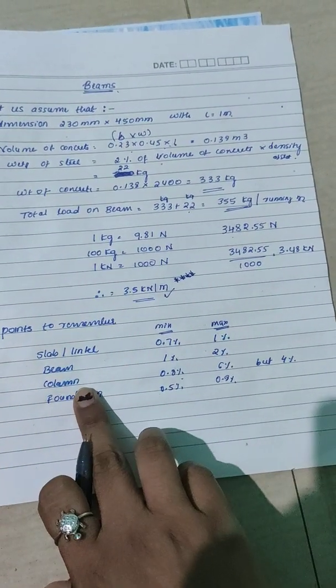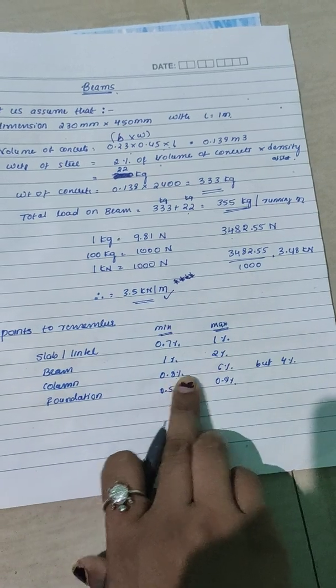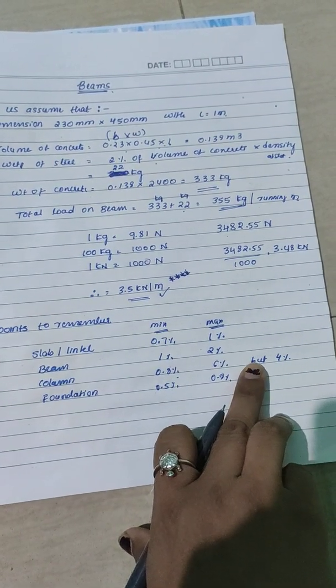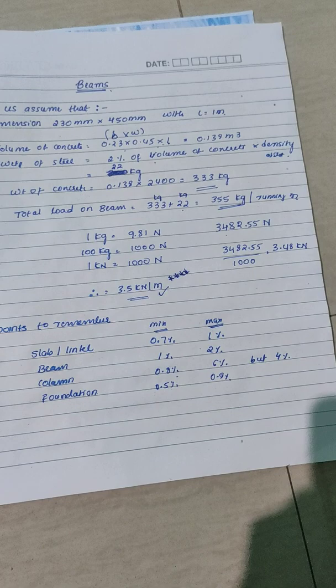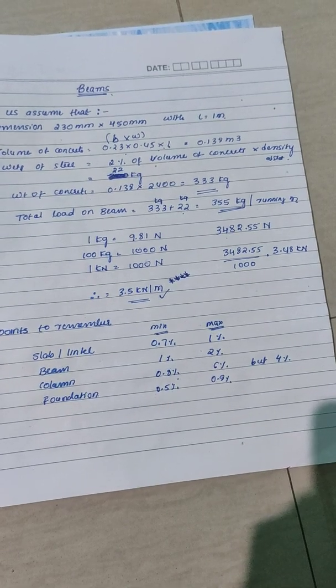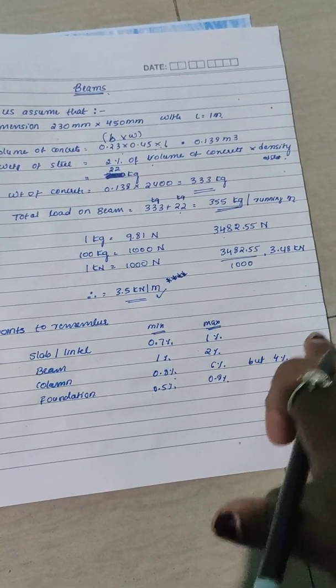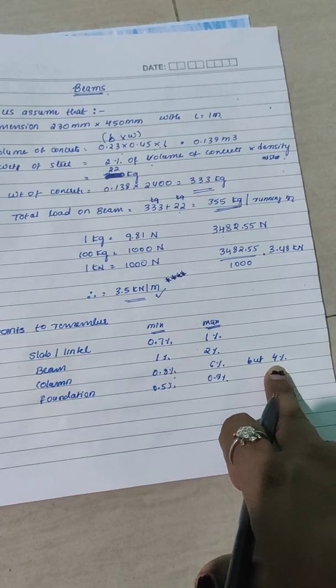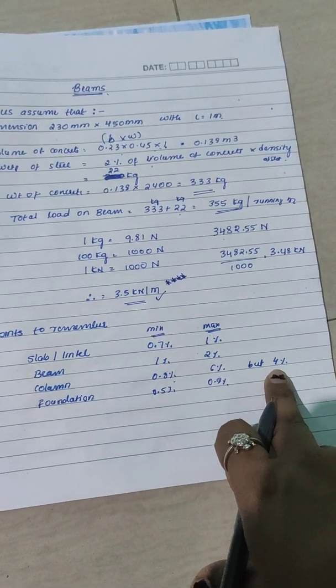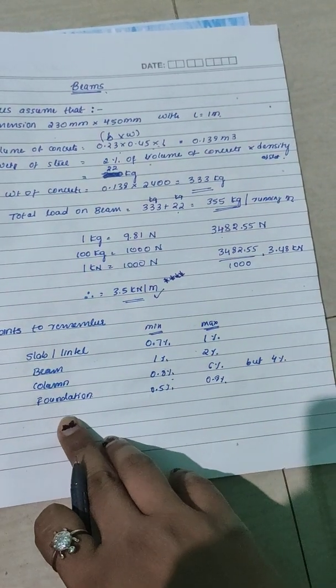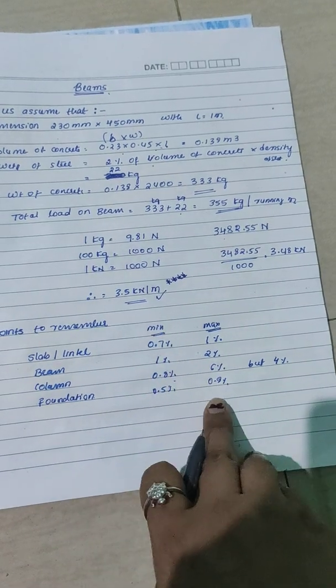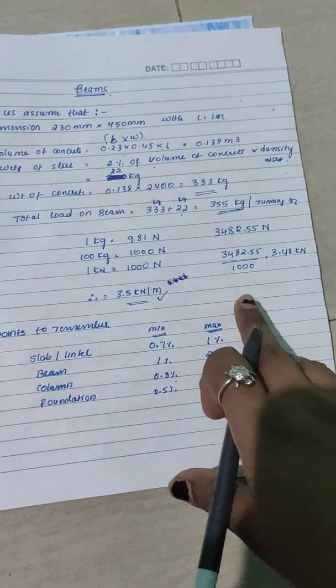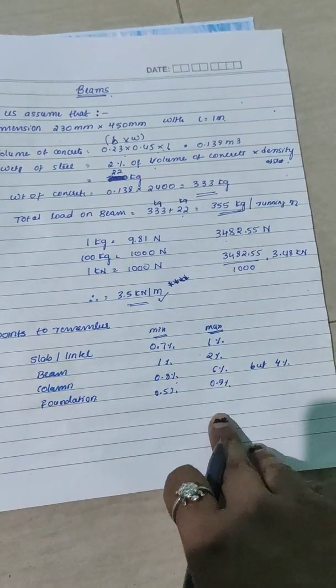In case of column, it is 0.8 to 6%. But when we consider the criteria of concrete settlement and all, only 4% we can include. In case of foundation, it is 0.5 to 0.8% of the weight of the concrete.